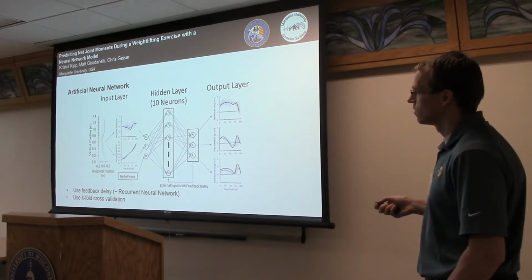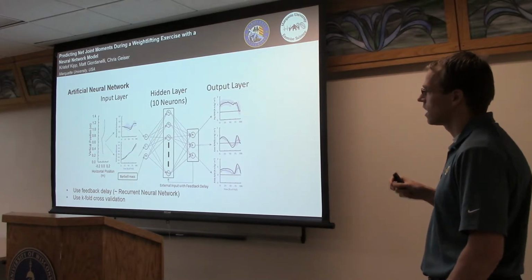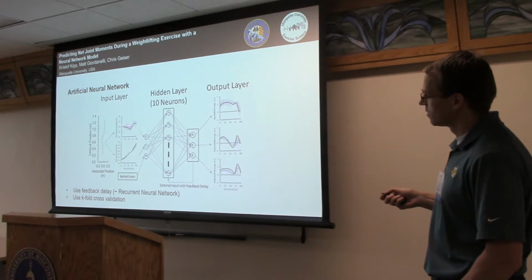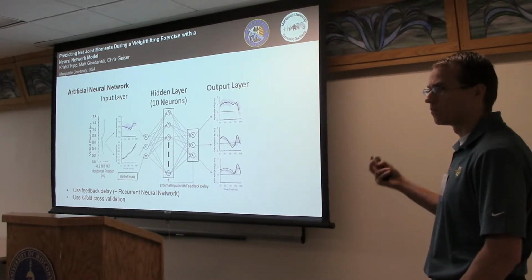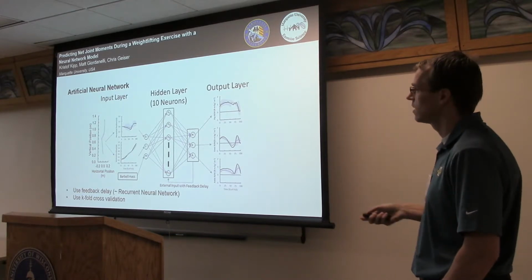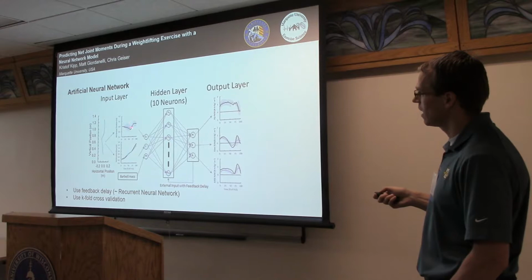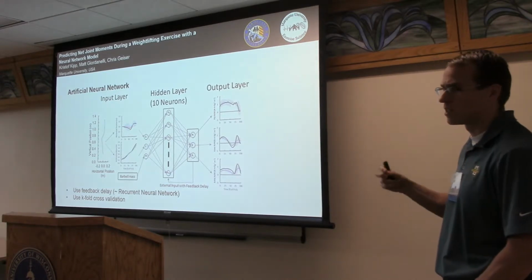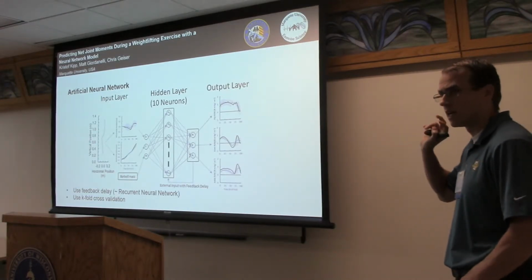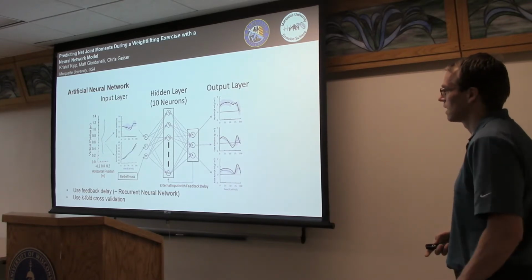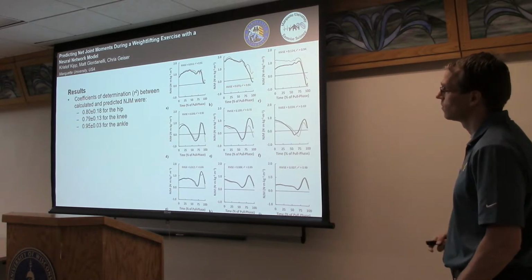And we went through the 7-fold cross-validation, where what you see each time here is that the dark gray line is the ensemble average of 6 players that were used to train the network. The shaded gray area is the deviation, and then the black line is the one person that was used to test the network. And so we did that, randomly went through and did this for each of the 7 athletes, or each of the 7 weightlifters.